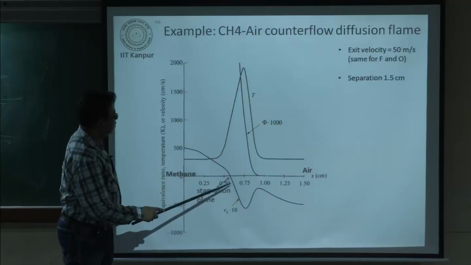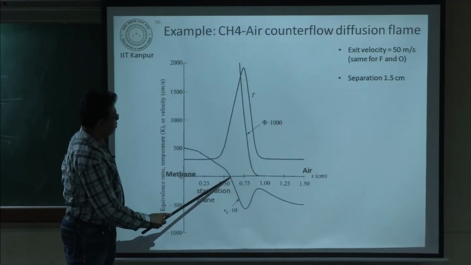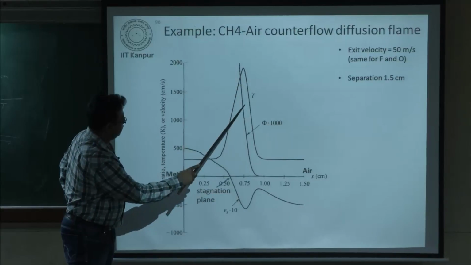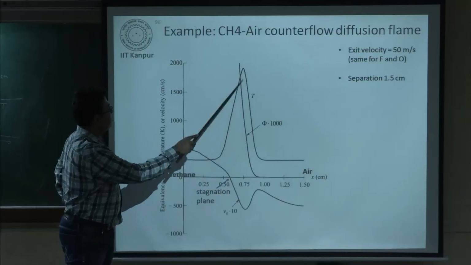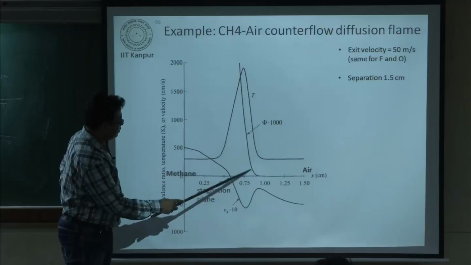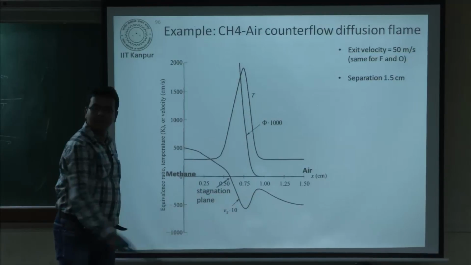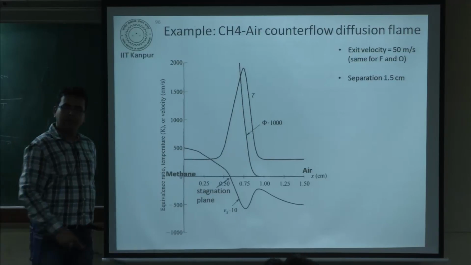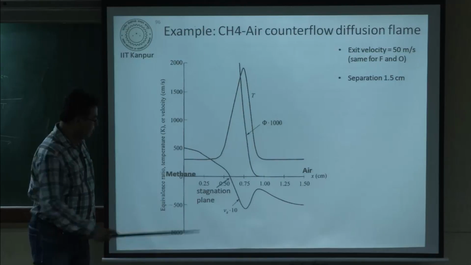But you see that the flame is located towards the air side. This is the stagnation point, but the flame is located here, around 0.75 or 0.8. This is the location of the flame. And here you see that there is a change in velocity. What could be the reason for that?